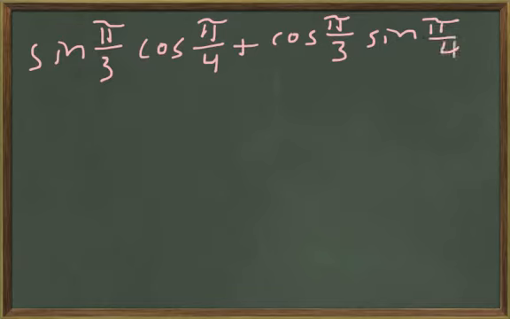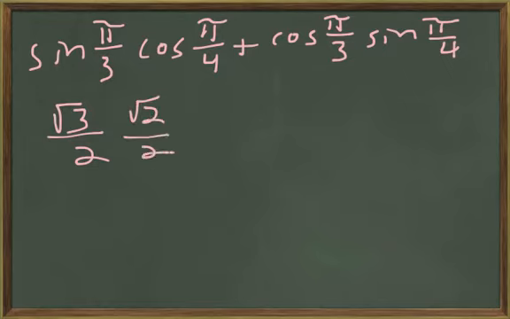Okay, now sine of pi over 3 is the same as the square root of 3 over 2. And cosine of pi over 4 is the same as square root of 2 over 2, looking at our unit circle, plus our cosine of pi over 3 ends up being 1/2 times sine of pi over 4 ends up being square root of 2 over 2.